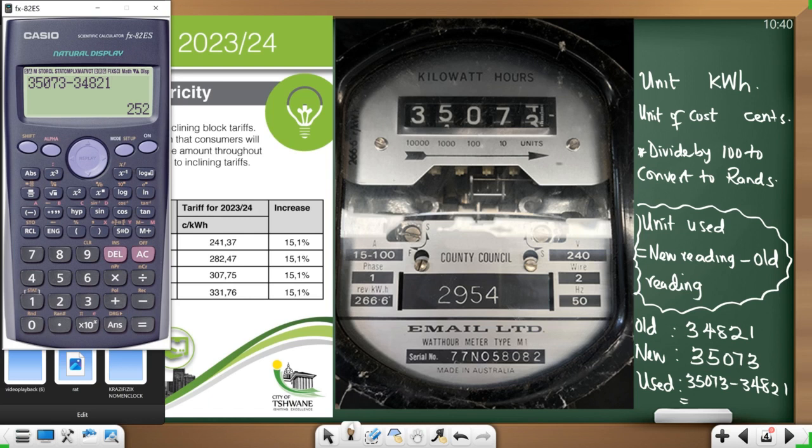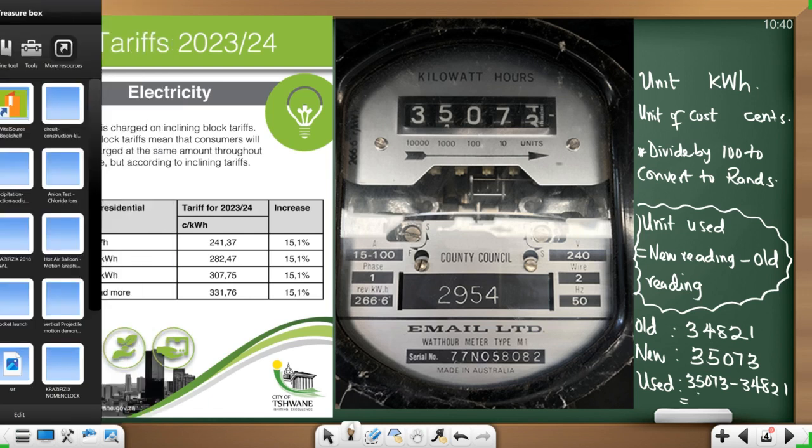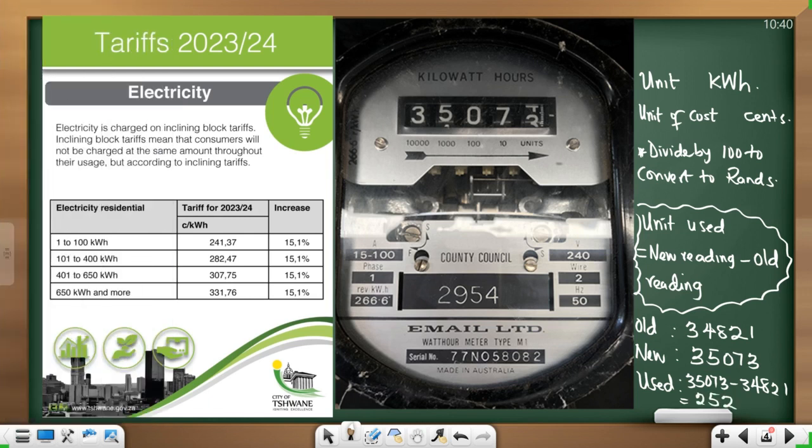So you have used 252 units in the time frame, usually per month, in a space of 30 days. This is just an extract from the city of Tshwane, just an example. I'll be coming back to this to show you what the blocks look like.